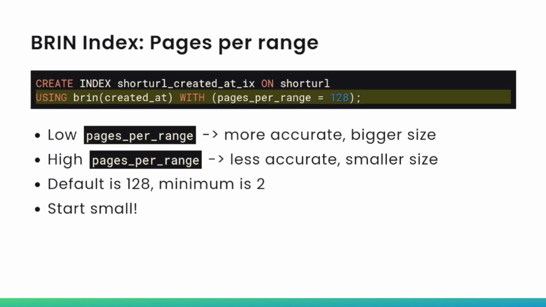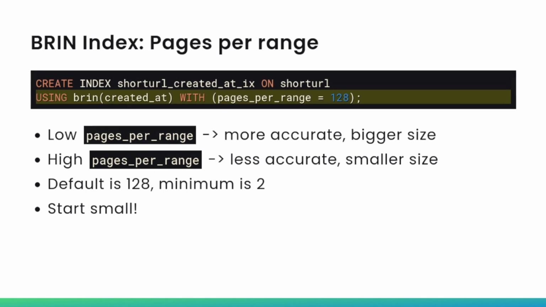To set the pages per range for a BRIN index, you can use CREATE INDEX ... USING BRIN, and then inside parentheses, you can provide the number of pages per range, okay? The lower the pages per range, the more accurate the index, but the bigger it is, because I have more ranges.